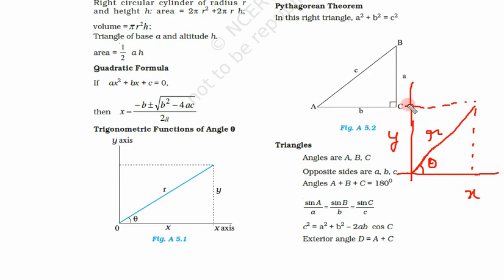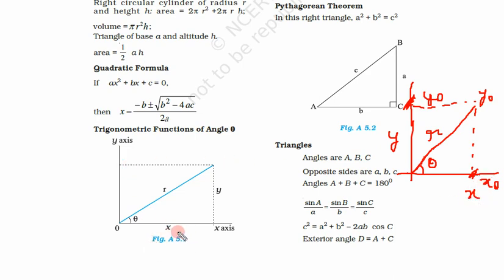So this value which it is cutting on y axis, let us write it as y0. The value it is cutting on x axis, let us call it x0. So on y axis it is cutting at y0 and on x axis it is cutting at x0.